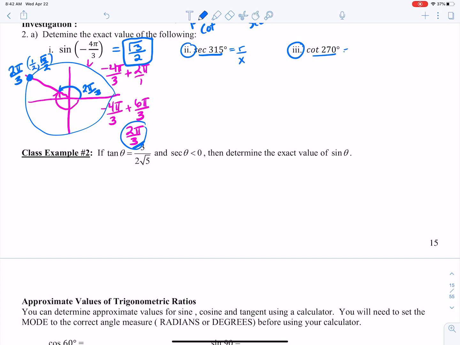Cotan is the reciprocal of tan, so it would be the x-coordinate over y. So one more time, you're going to take a look at the unit circle. You're going to find 315 degrees, take the r, which on the unit circle is 1, divide it by the x-coordinate, and simplify that fraction. And you're going to find 270, sub in the x, sub in the y, and simplify that fraction.